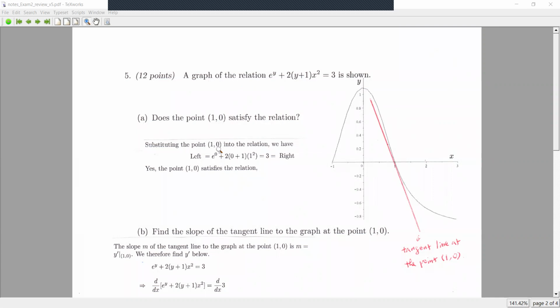Plug in the point into the relation. Then it is easy to see that the left side is equal to the right side. Therefore, the point satisfies the relation. Therefore, this point is on the graph of the relation.